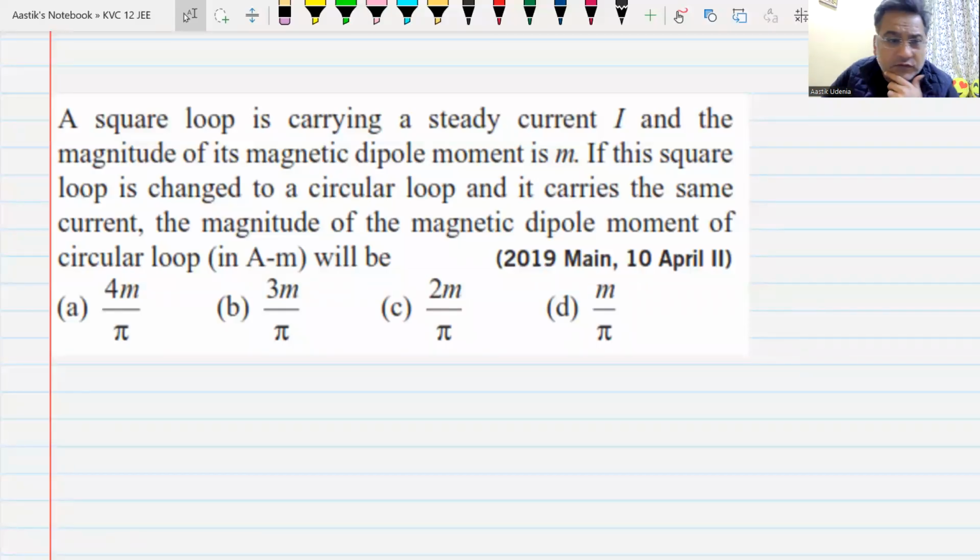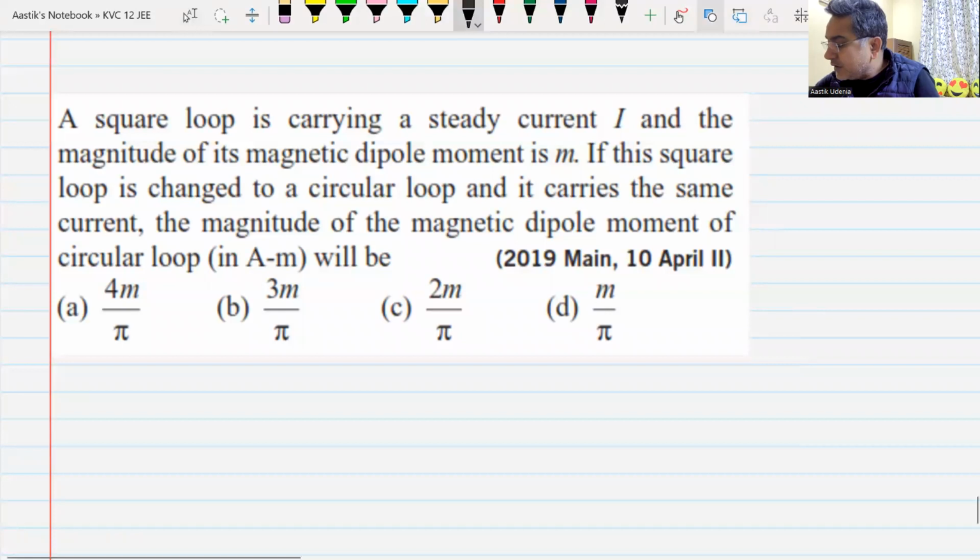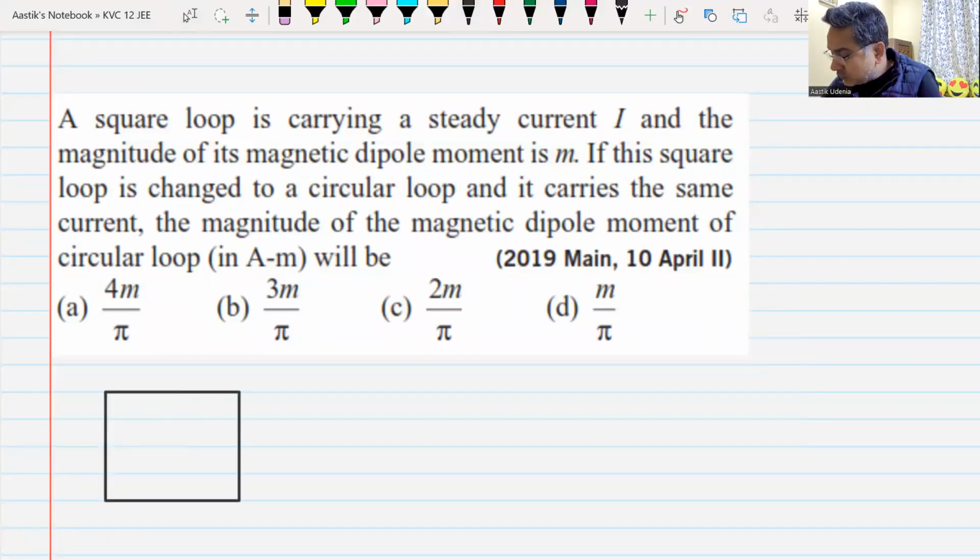So how are you supposed to do this? Yes, the loop was a square loop. Let me make that loop for you. The loop was square and then it is converted into a circular loop like this.